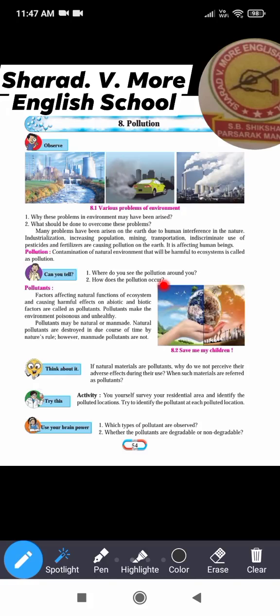For example, when we take an area, a lake, in the lake the physical factors are water, light, soil, rock, etc., and the living factors are the living creatures living in that lake, for example fishes, bacteria, plants, etc. So in that lake there is an interaction between the non-living things and living things.